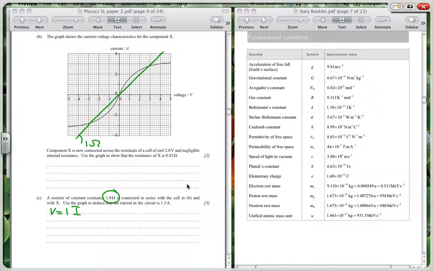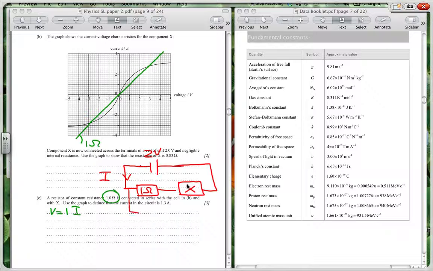Now we have here that the total voltage must be 2 volts. Now what have we got? We've got something like this. We've got a 2 volt cell, and it's going through a resistor, and it's going through our component X, like this, and this is 1 ohm, and there's a certain current.